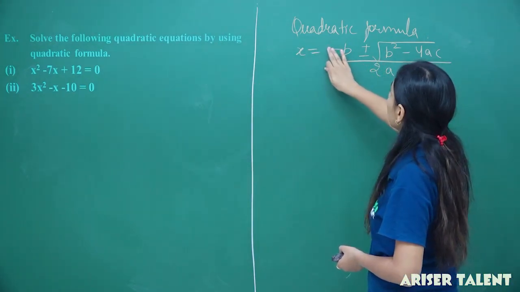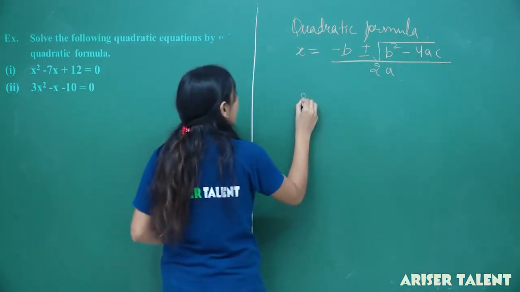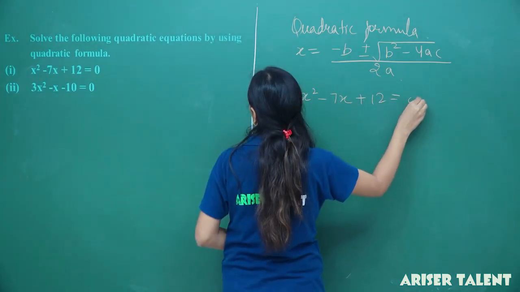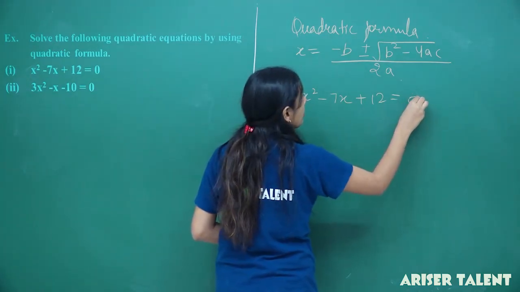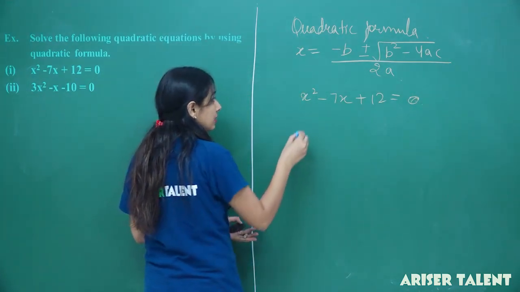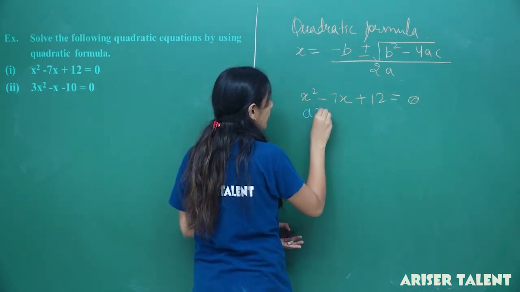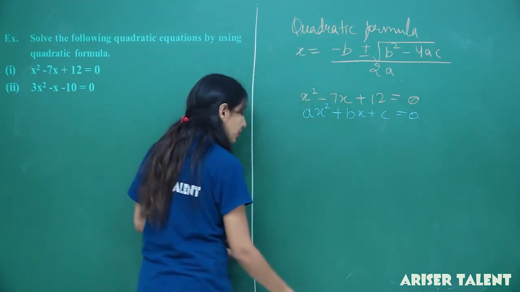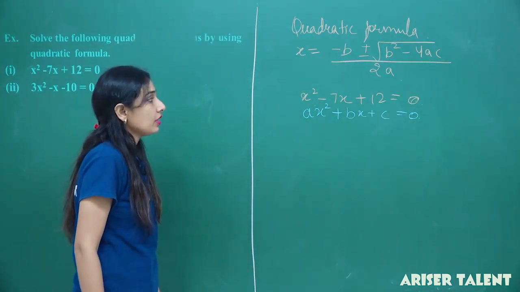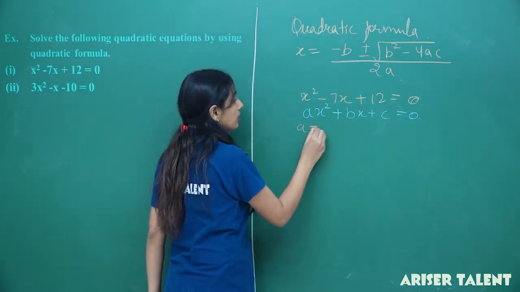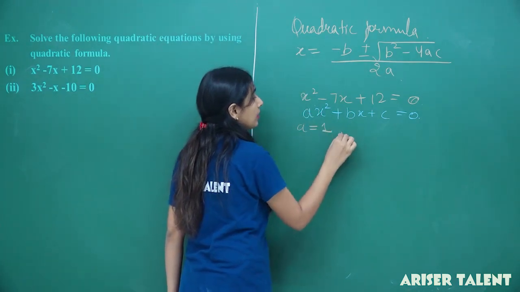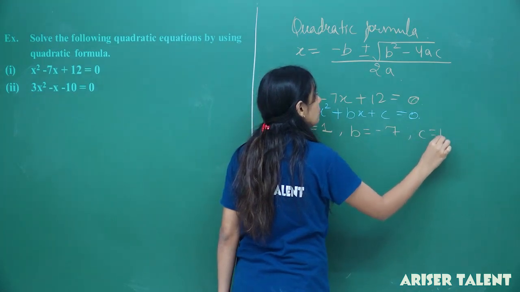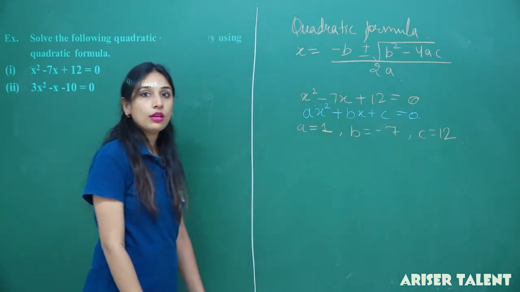Now, if I compare this equation, x square minus 7x plus 12 equals to 0, when I consider the equation ax square plus bx plus c equals to 0, what will be the values of a, b, c? a will be equal to 1 here, b equals to minus 7 and c equals to 12.